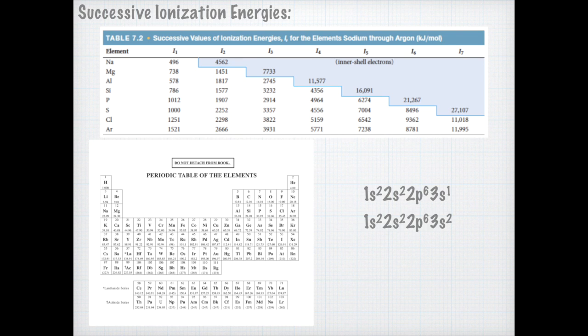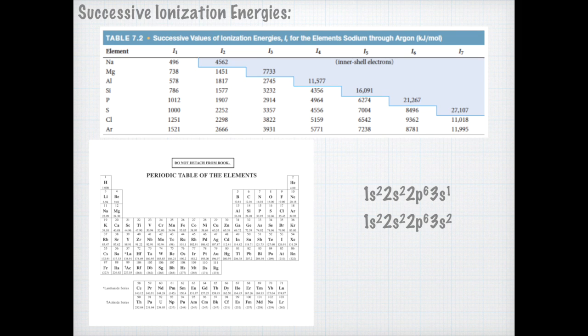Now, just to make sure we're clear on this, if you look at magnesium, notice the first ionization energy and the second ionization energy, there's not a huge difference, there isn't a big leap. But then going from the second ionization energy to the third ionization energy, there is a big leap in ionization energies. And that's because in order to remove those first two electrons, those are from the outer shell, and therefore they're not experiencing as much attraction. They're farther away from the nucleus, they're fine.